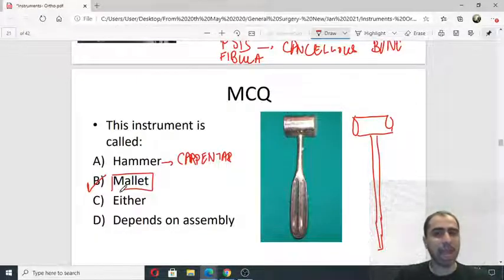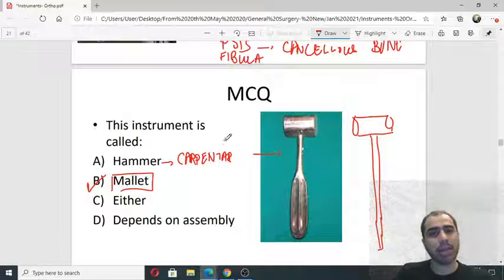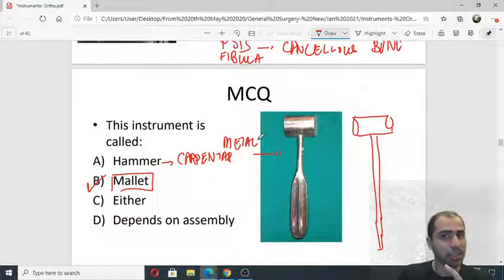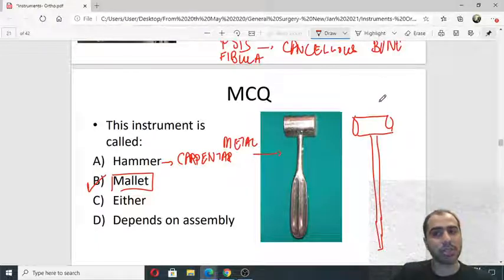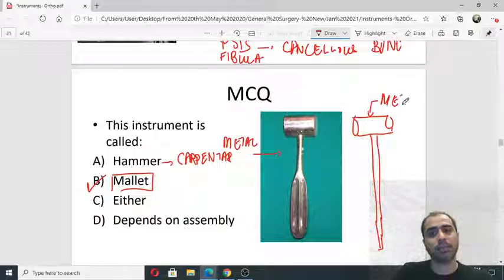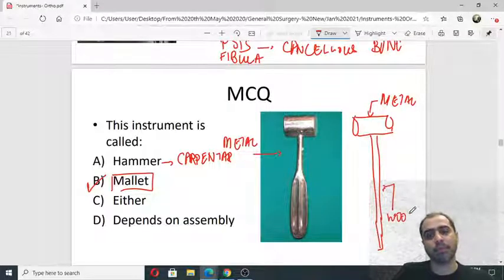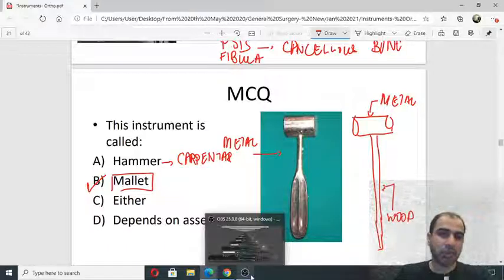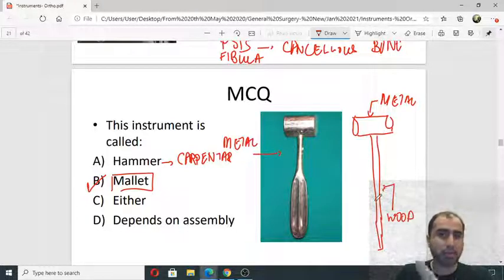What is the difference between hammer and mallet? A mallet is entirely metal. A hammer that carpenters use, only the striking head is metal. The body or the handle is wooden. If you look at a carpenter, most of them will have a hammer, should not have a mallet.